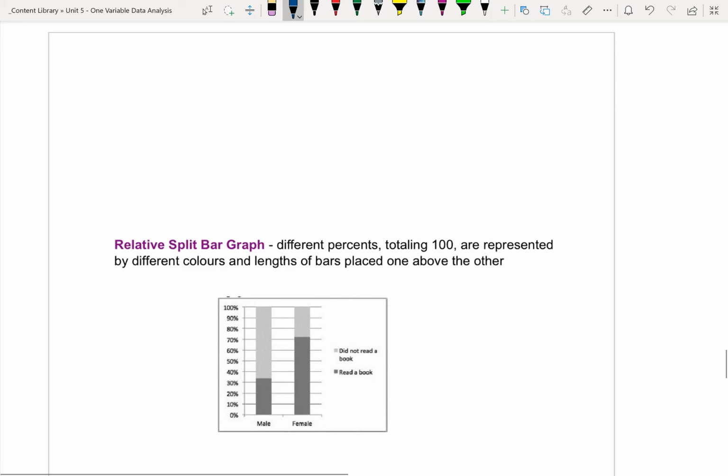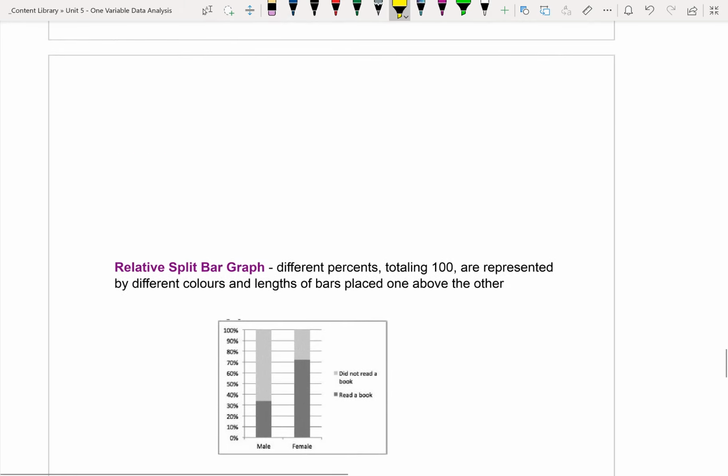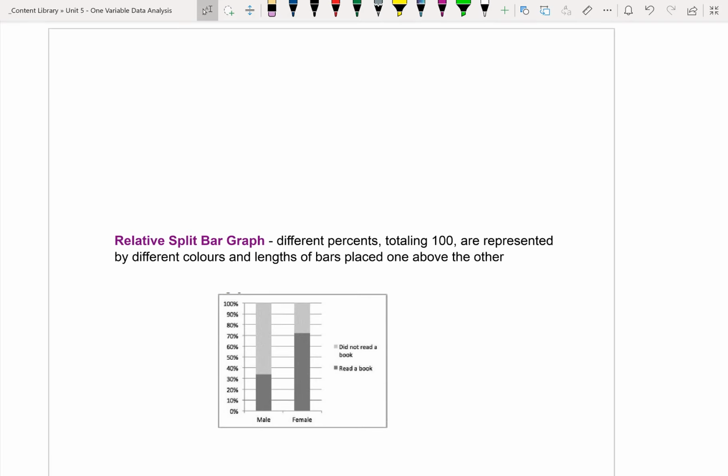And finally, we have a relative split bar graph. This is similar to the last one where we're taking our two sets of values and placing them on top of each other, except now what we're doing is dealing with percents, and they total to 100. Still represented by different colors and lengths, and they're placed one above the other.